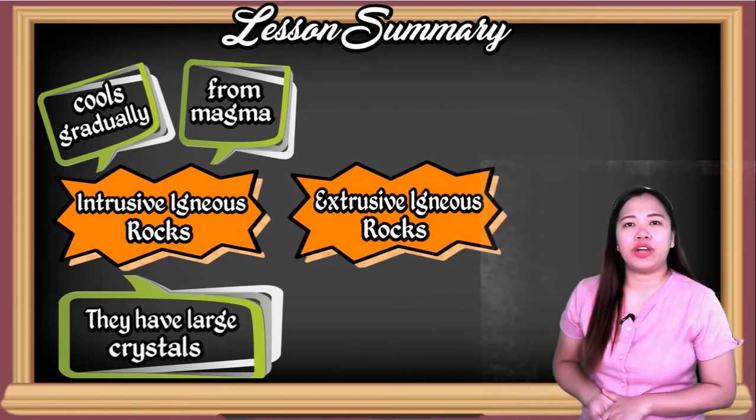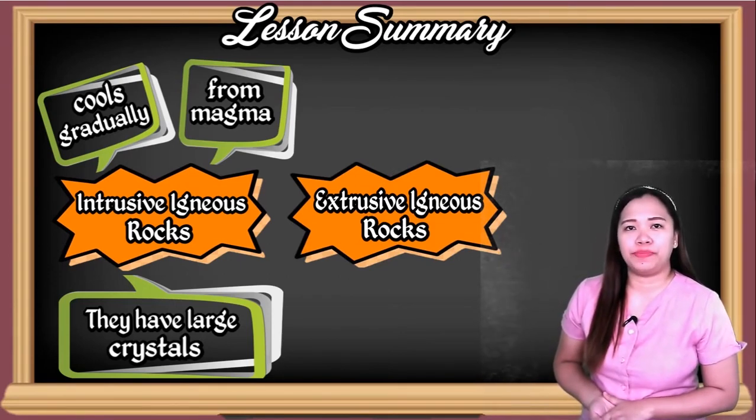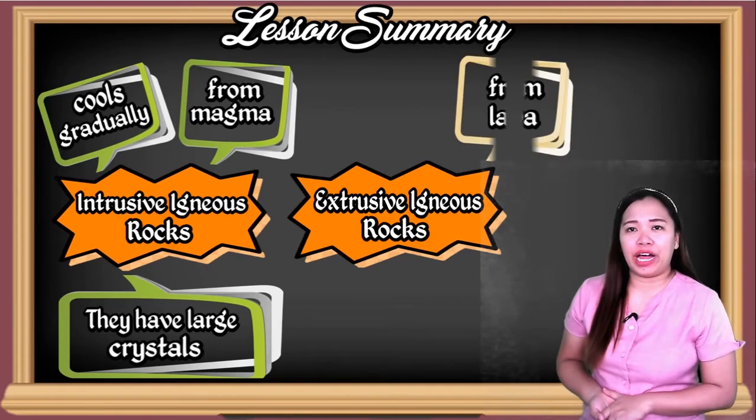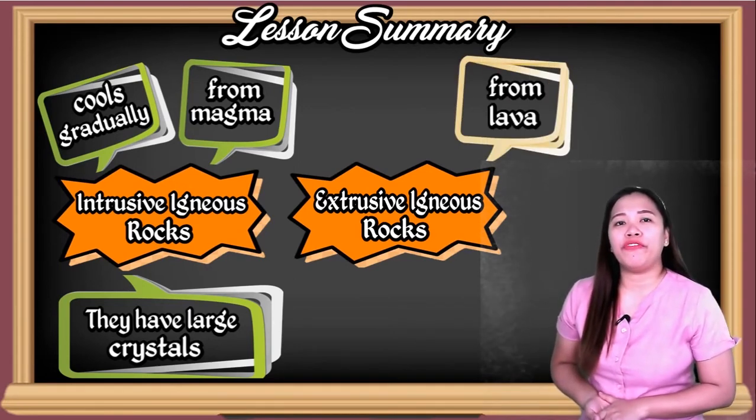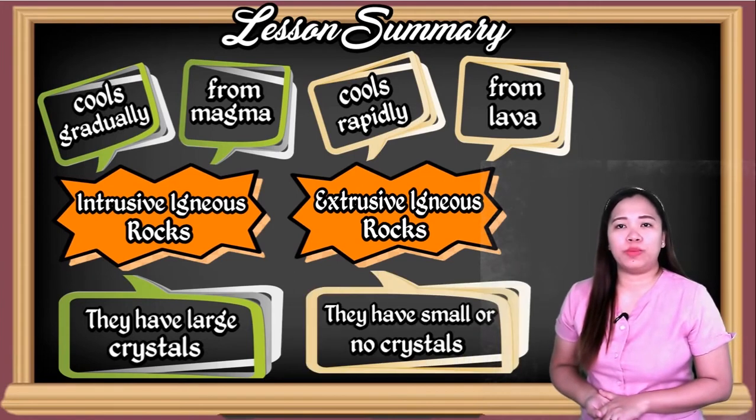Extrusive igneous rocks, on the other hand, are formed on the surface of the earth. They are formed from lava. Since this type of igneous rock cools rapidly, crystals formed are small.